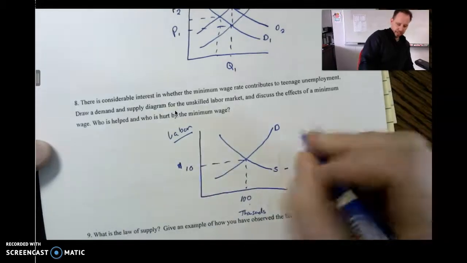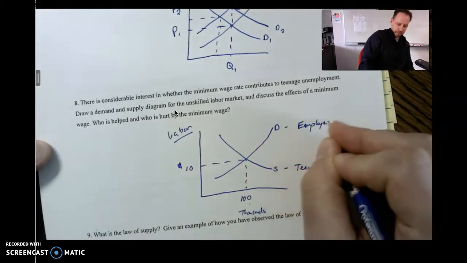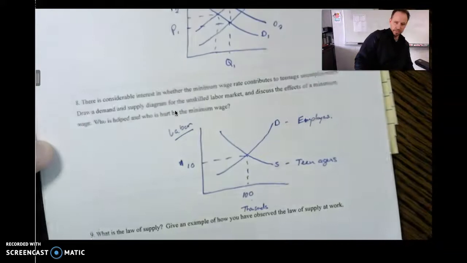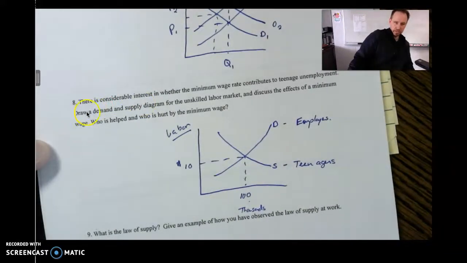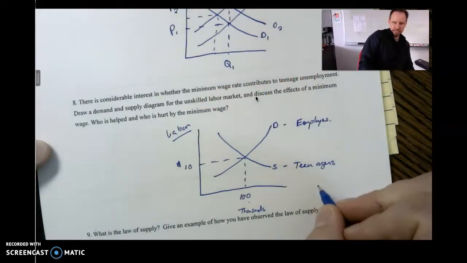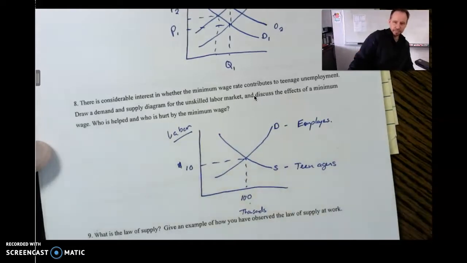The demand is going to be your employers, places like maybe McDonald's or Subway or wherever. Well, the question is, what happens? We'll say teenage unemployment. So we'll say these are unskilled, meaning not totally unskilled, but lacking maybe some education.